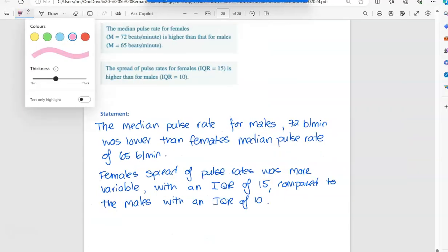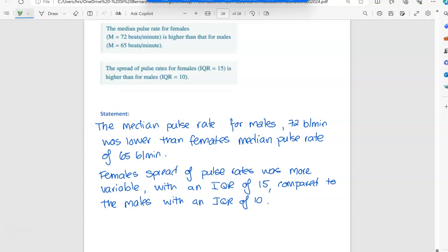So if we have a look at this example of our comment, our statement, it says the median pulse rate for males with 72 beats per minute was lower than the females' median. So there's me putting in a stat, and the female spread of pulse rate was more variable with an IQR of 15 compared to the male's IQR.